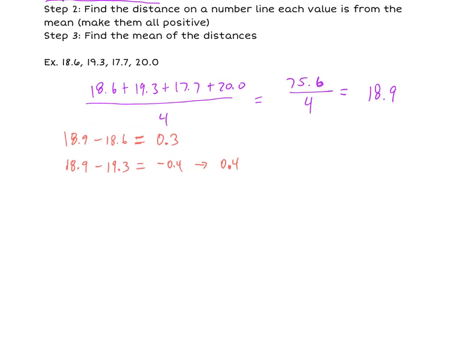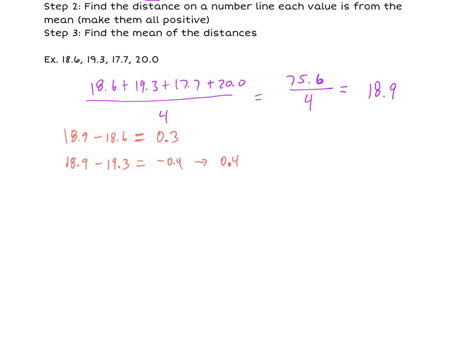And then we've got 2 more to do. 18.9 minus 17.7. 1.2. Is it positive? Yes, so we leave it that way. 18.9 minus 20.0.